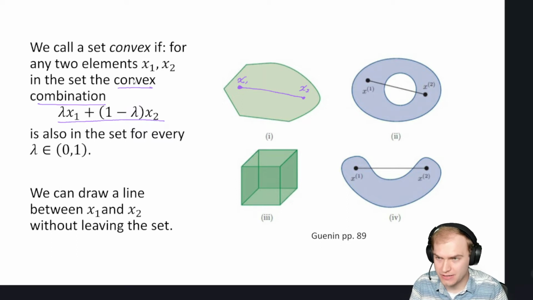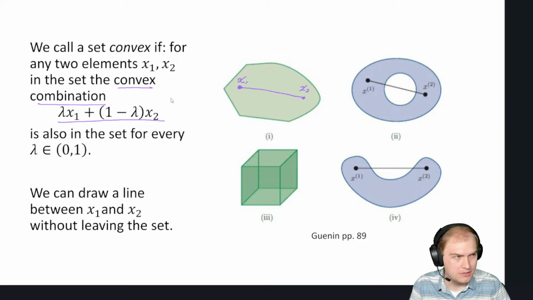The reason we use this definition is just because you can't draw a line between 2 polynomials or some of the more abstract sets. A line segment is not something that's easy to define, whereas a convex combination is generally not problematic.